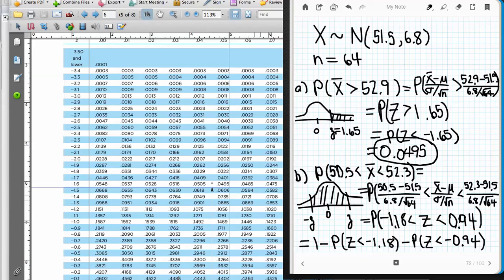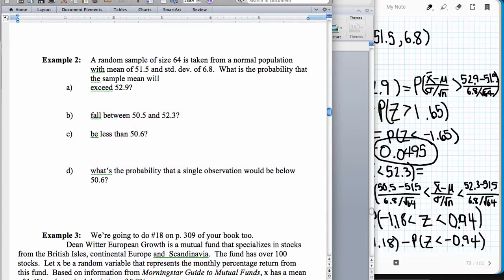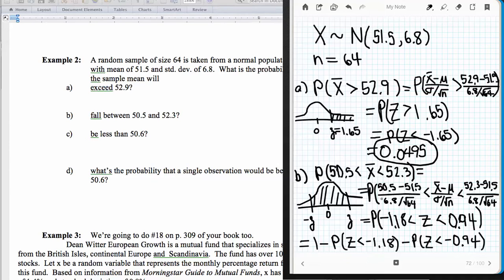Now part B says that we want to fall between 50.5 and 52.3. For that one, I have standardized each of my scores by subtracting the mean of the population and dividing by the standard deviation of the population divided by the square root of the sample size, and I've come up with being between negative 1.18 and 0.94.